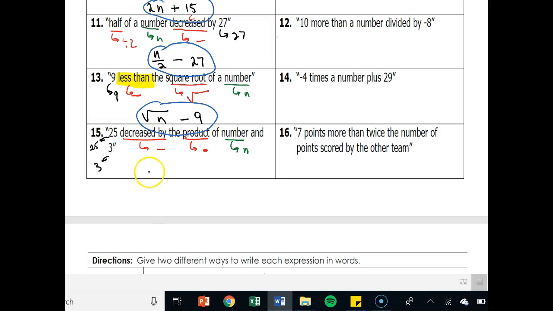So here's how we write this. 25 minus the product of n and 3. I could write this as n times 3, or if I want to be really fancy, I could write it as 25 minus 3n, because n times 3 is the same thing as 3 times n, and we just put them together. A number next to a variable means multiplication. So circle both of those as your answer.